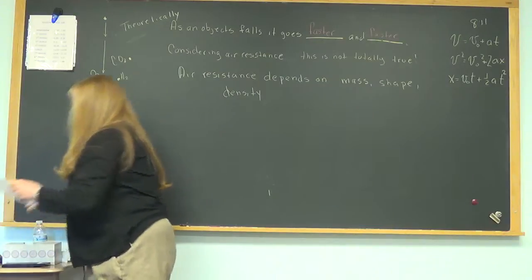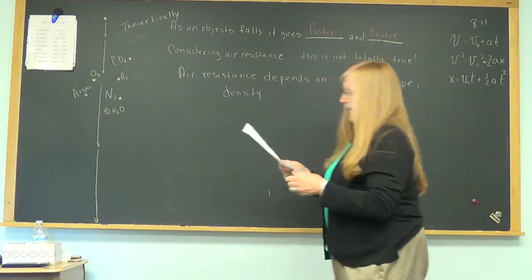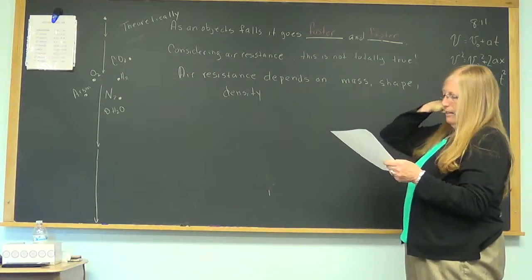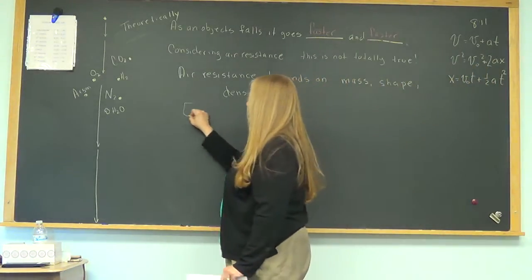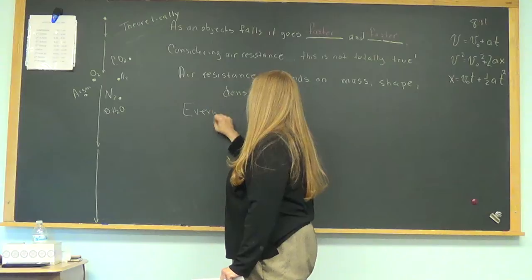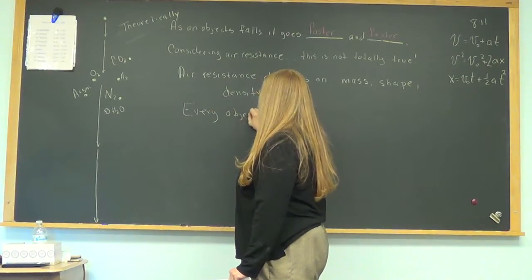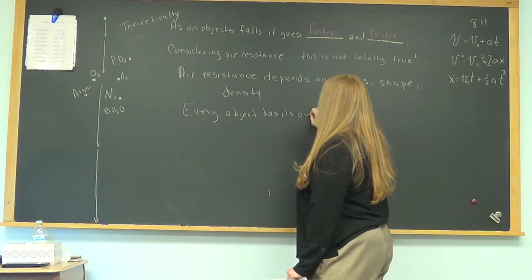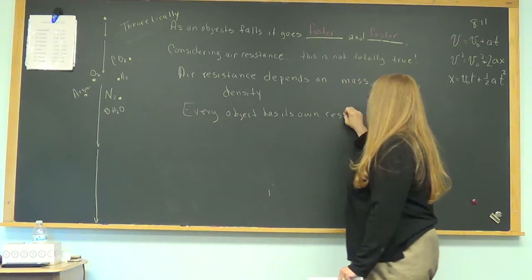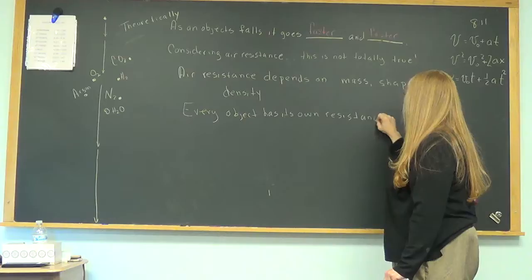So, in addition, let's conclude this idea by looking at the idea that every object has its own air resistance. We come upon this idea just through living our life.